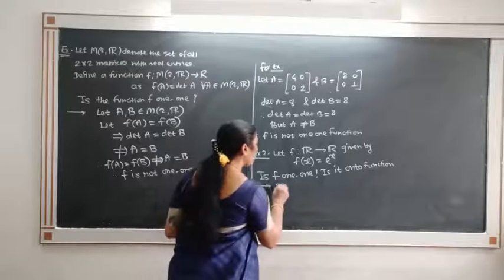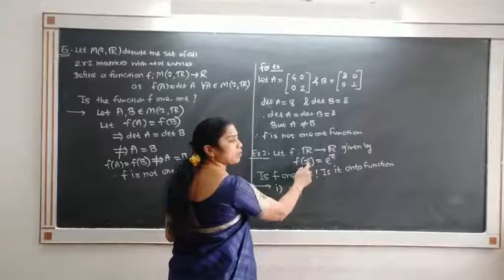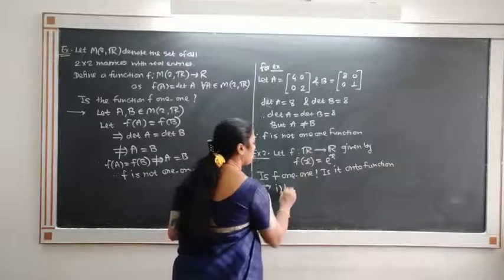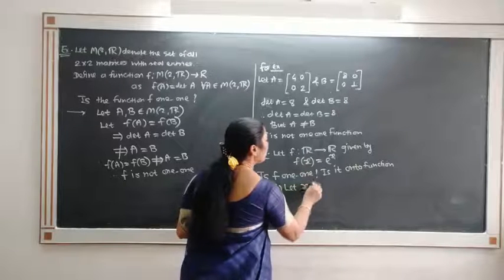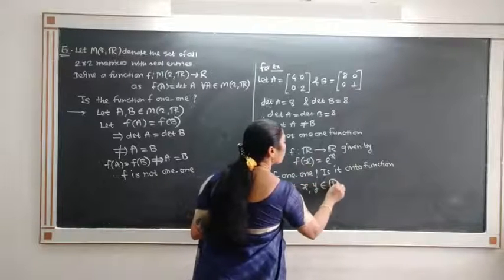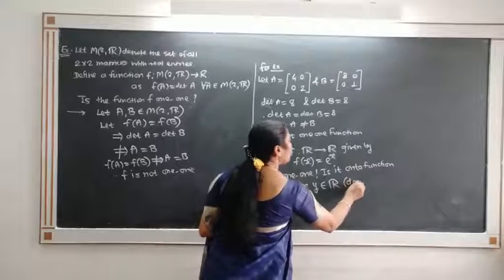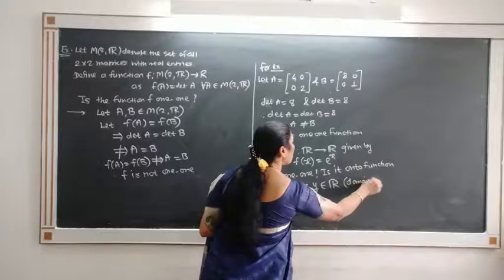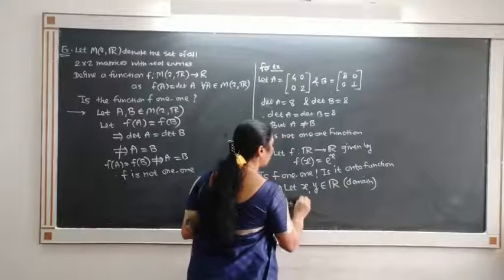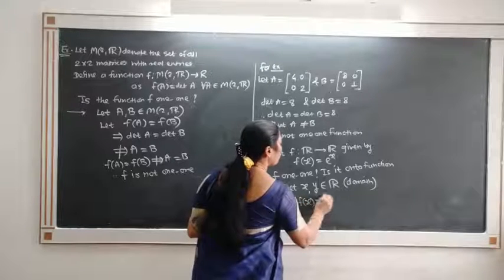To check it is one-one, we will start with 2 elements in domain. Let x and y belong to domain R, and let us start with f of x is equal to f of y. So let us assume that f of x is equal to f of y.